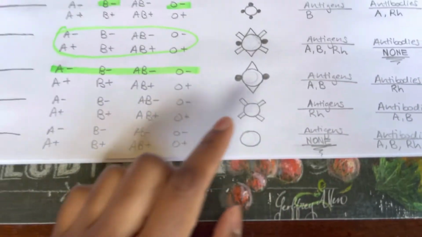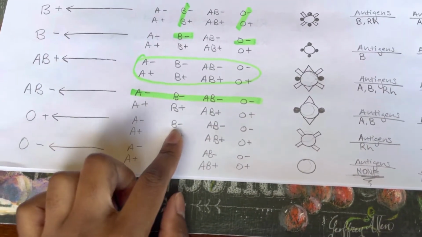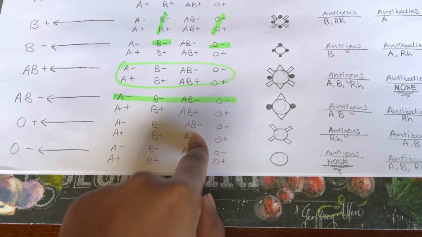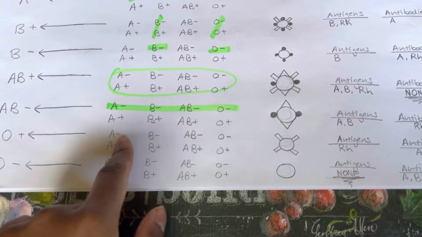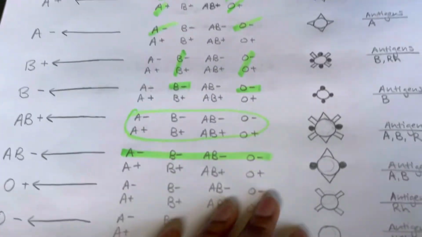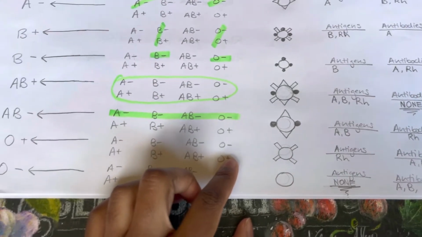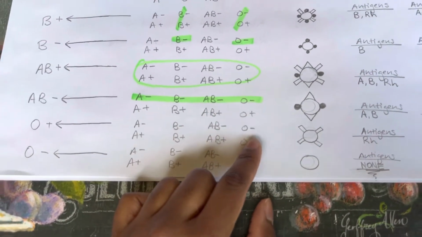All right. So that means any blood type that has an A or B, O positive cannot receive from any blood that has A, B in it. Excuse me. So the only blood it can receive is from an O. Now, what kind of O? O negative or O positive? Well, actually both.